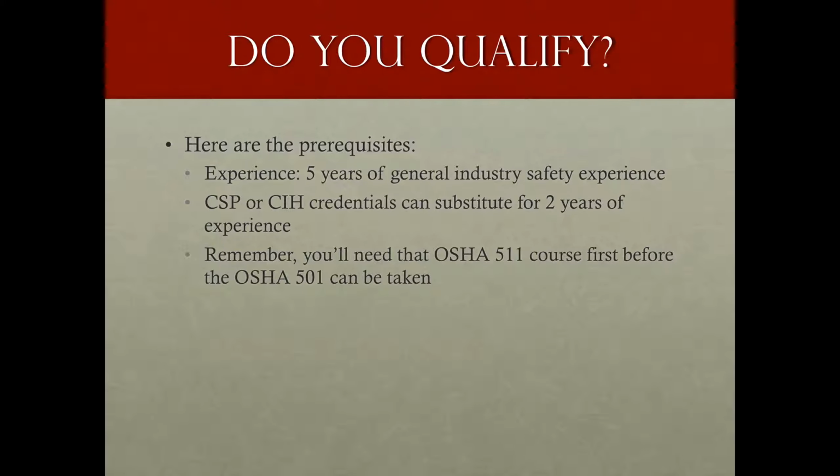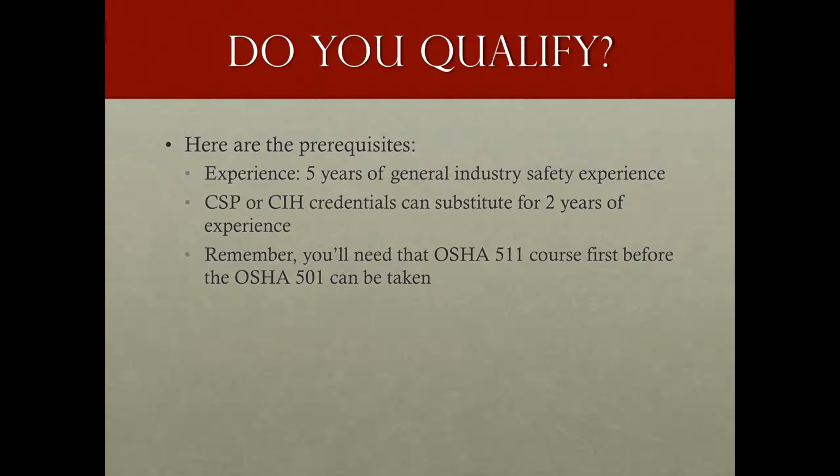So do you qualify? So here are the prerequisites. So first, OSHA wants you to have about 5 years of general industry safety experience. And if you have the CSP, or Certified Safety Professional designation, or CIH, which is a Certified Industrial Hygienist, these two credentials can substitute for 2 years of experience.